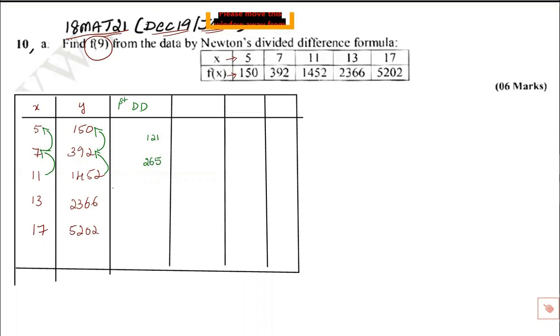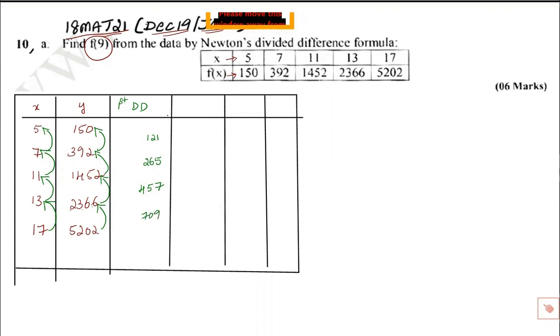Use the calculator if required. 2366 minus 1452 divided by 13 minus 11, that will be 457. Next 5202 minus 2366 divided by 17 minus 13, that is 4. We will get 709 as the answer.